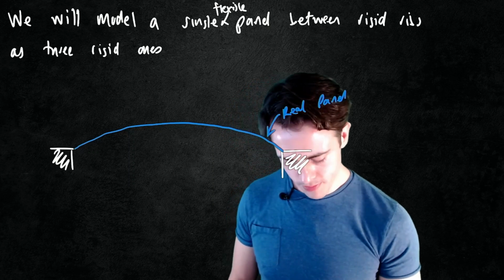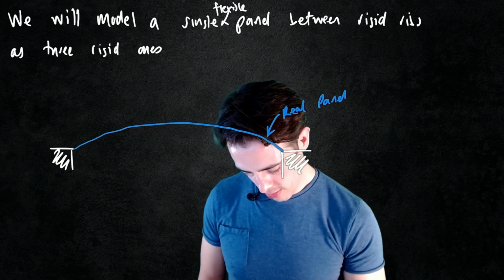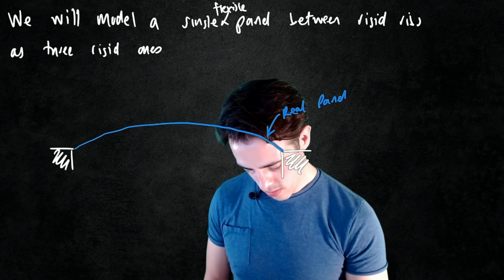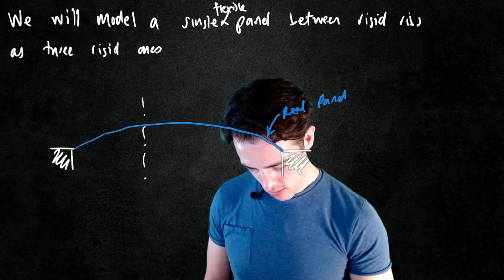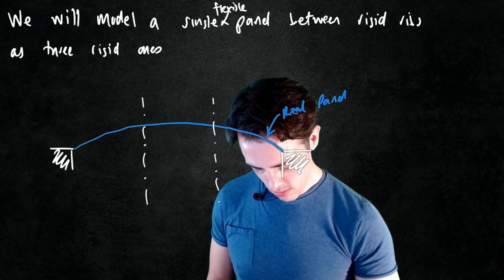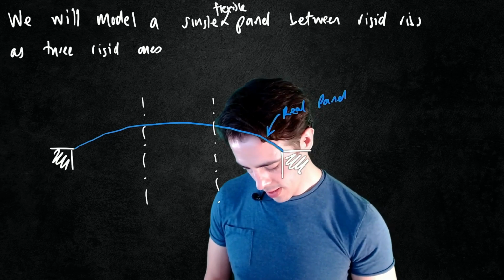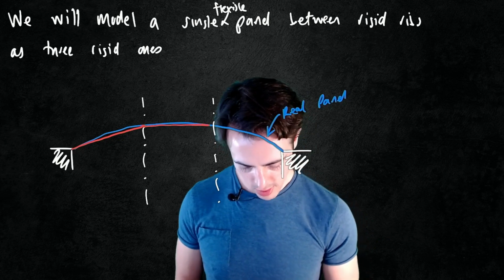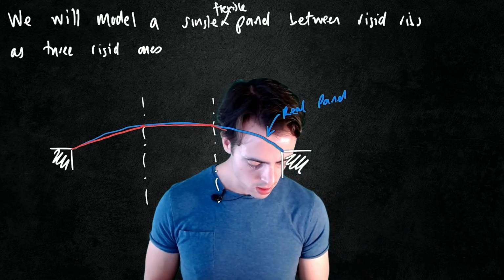Then in our model, we're going to split this up into 3, and we're going to model this as 1 rigid panel, 2nd rigid panel, and a 3rd rigid panel.